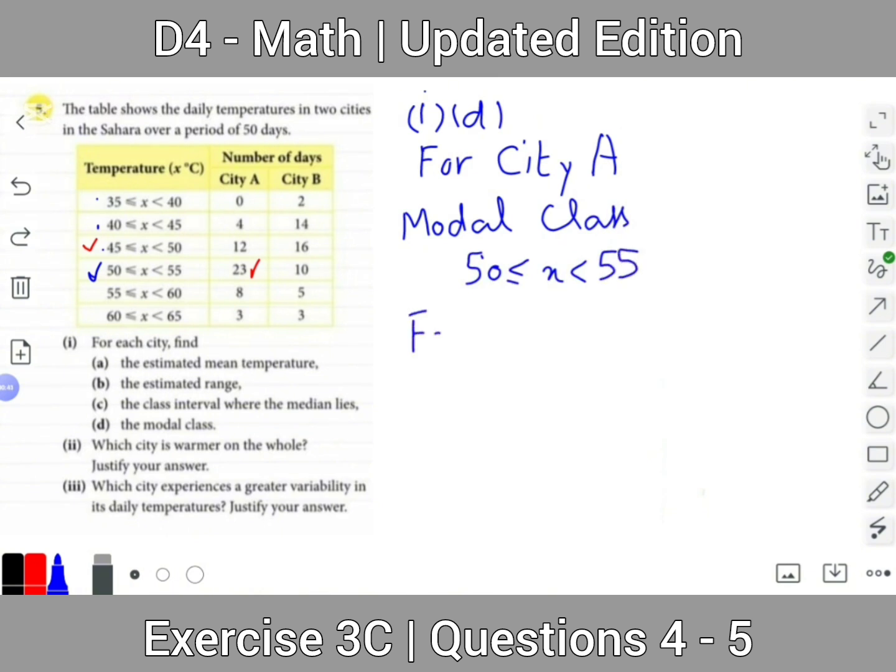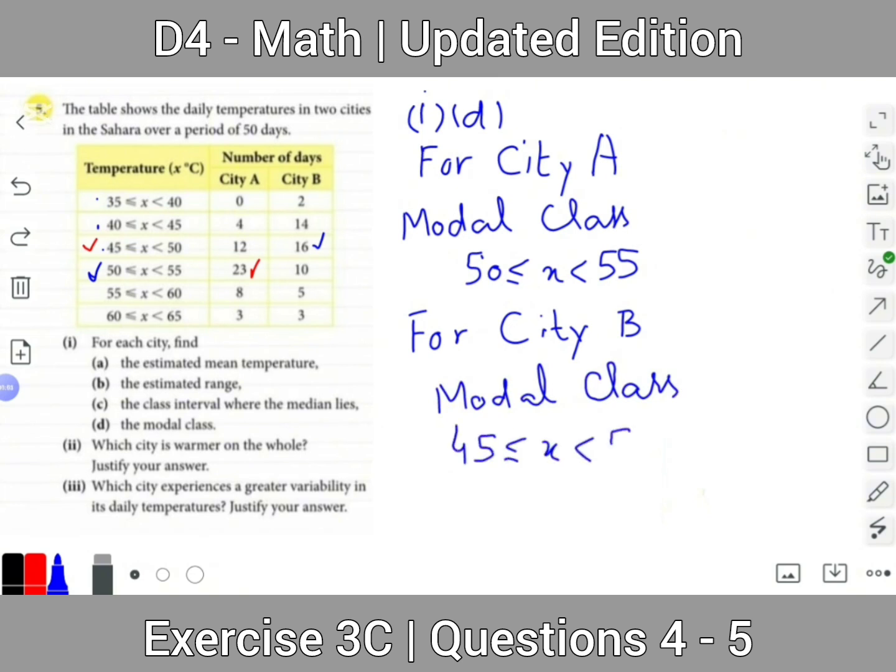Now for city B, we have to find out the class interval having the highest frequency, so that is 16 in the case of city B. So the modal class for city B is 45 less than or equal to x less than 50.